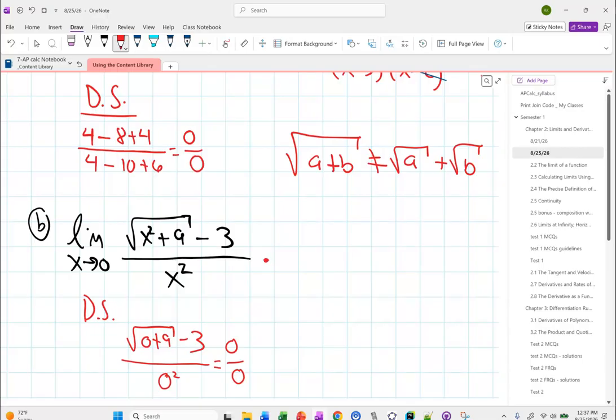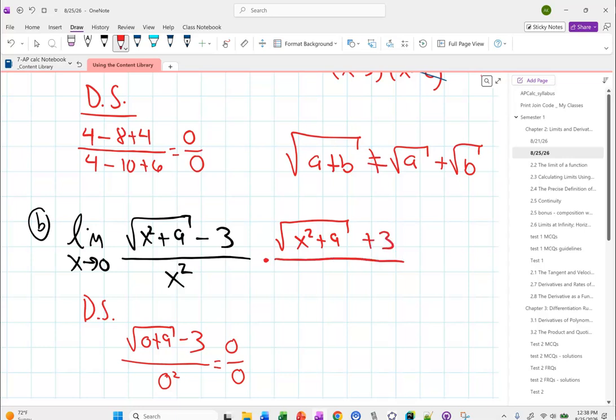What is the conjugate to the numerator? It's like minus 3 would be plus 3. Yes. So it's the same thing, except instead of minus 3, it'll be plus 3.